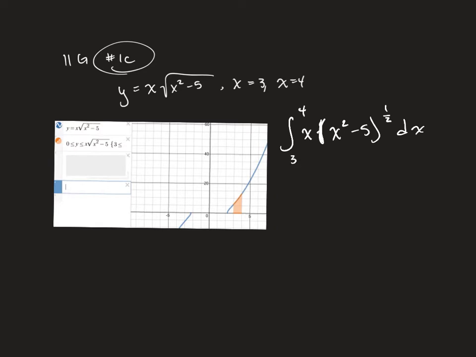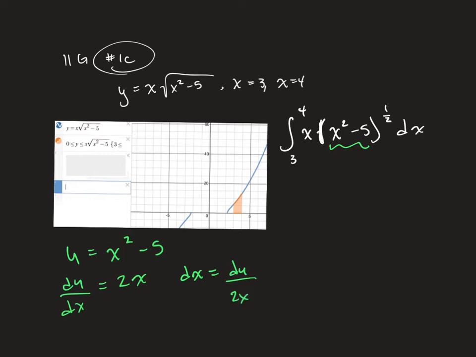And I'm going to make this whole part u. So we're going to say u is equal to x squared minus 5, du dx is 2x. dx is going to be the same as du over 2x.